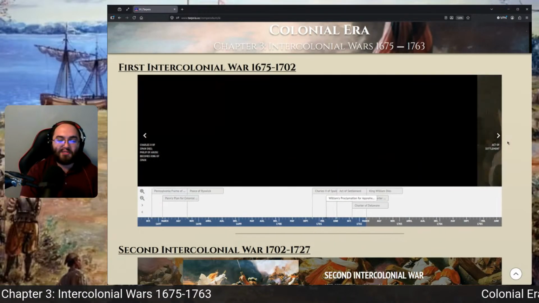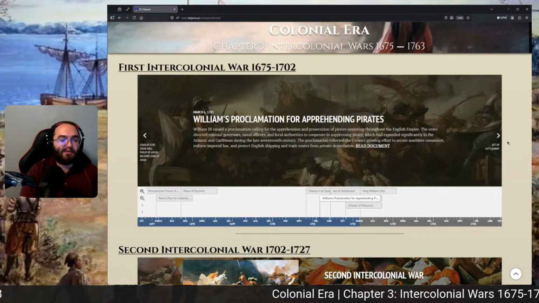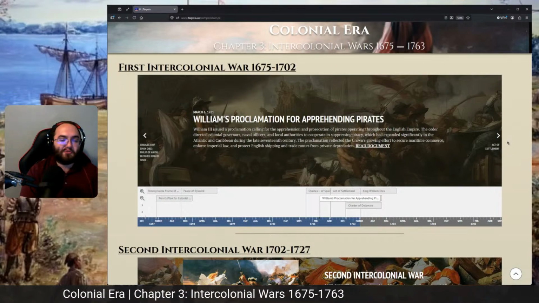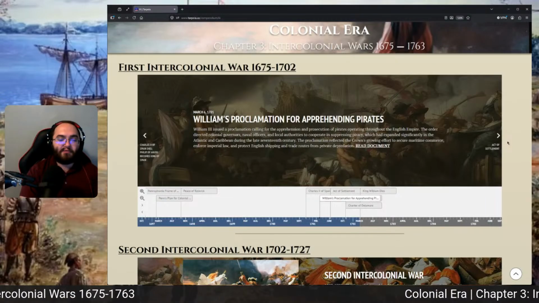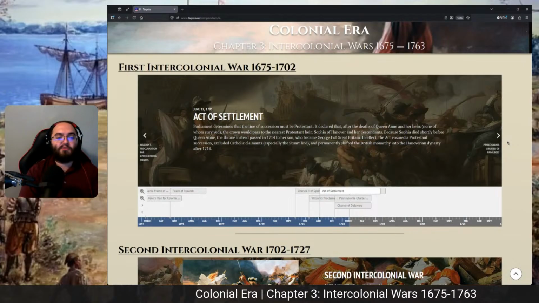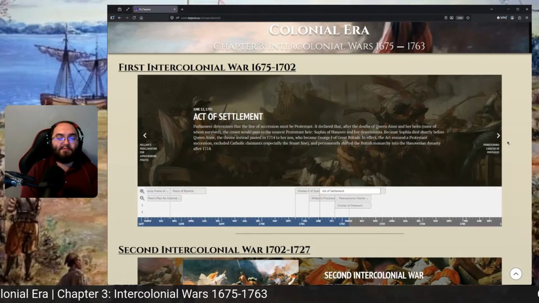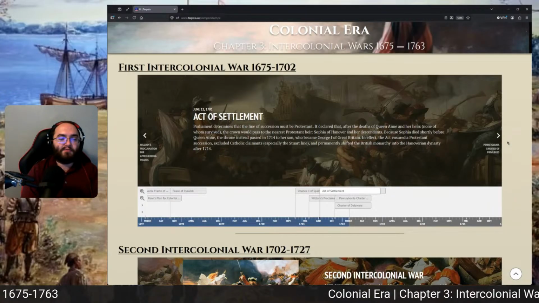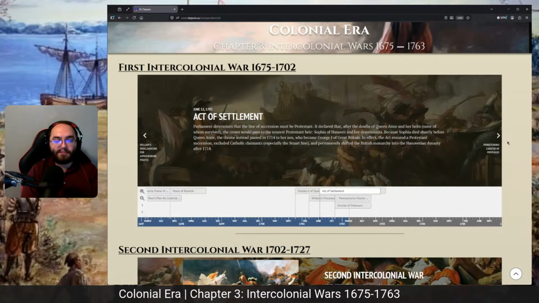It's kind of ridiculous. Or it's very ridiculous that wars are fought over who marries who. And so during this time, you have an issue with piracy. William will make a proclamation for apprehending pirates. You have the Act of Settlement. Parliament determines that the line of succession must be Protestant. It declared that after the deaths of Queen Anne and her heirs, none of whom survived, the crown would pass to the nearest Protestant heir, Sophia of Hanover, and her descendants.